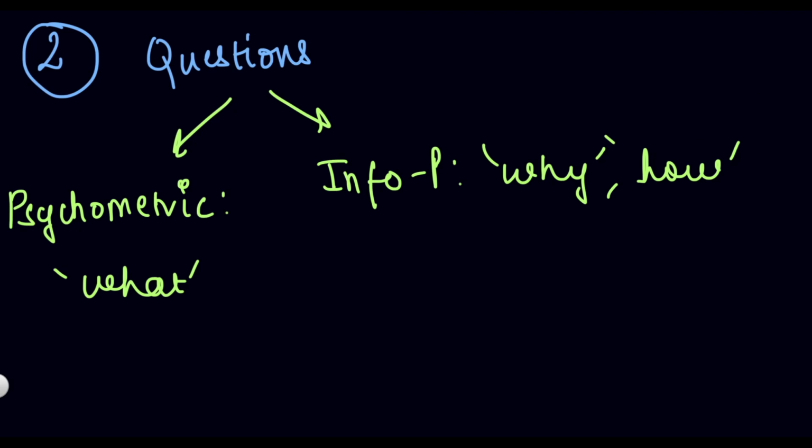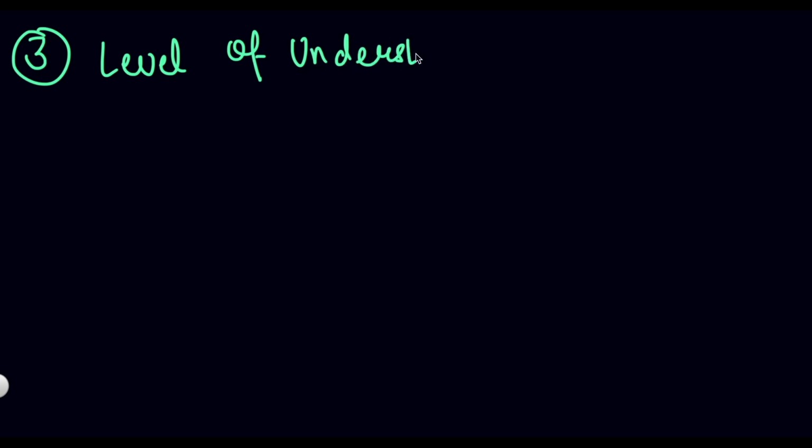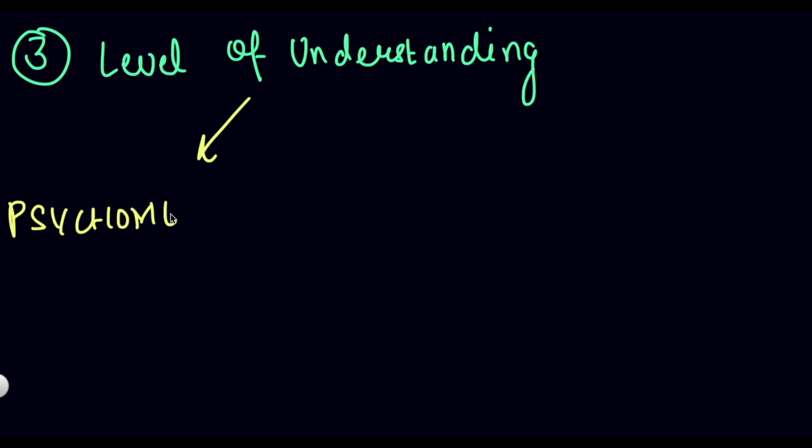And the last thing that we need to understand is a very much related point, nothing new, but the third thing is what kind of level of understanding both these approaches expect us to develop. So when we talk about the psychometric approach, again I told you that it is dealing with what questions.